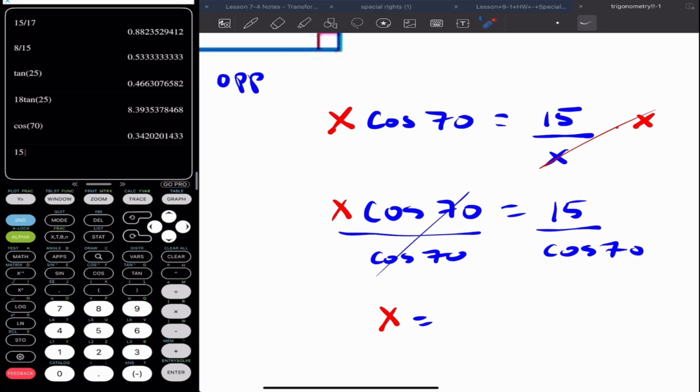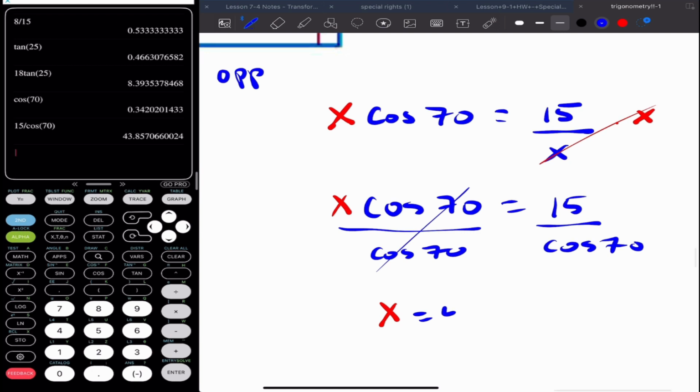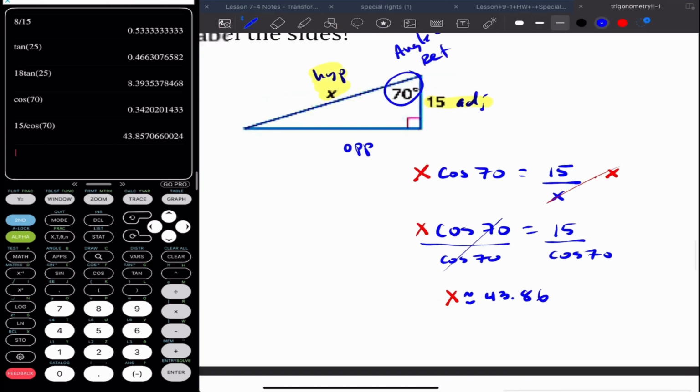So 15 divided by cosine, input 70, close it with the parentheses, boom, press enter. What is your answer? Your answer is 43, rounded to the nearest hundredth, so that 7 is going to dictate that 5, so it's 43.86, approximately. 43.86, okay? And that is your answer for x.